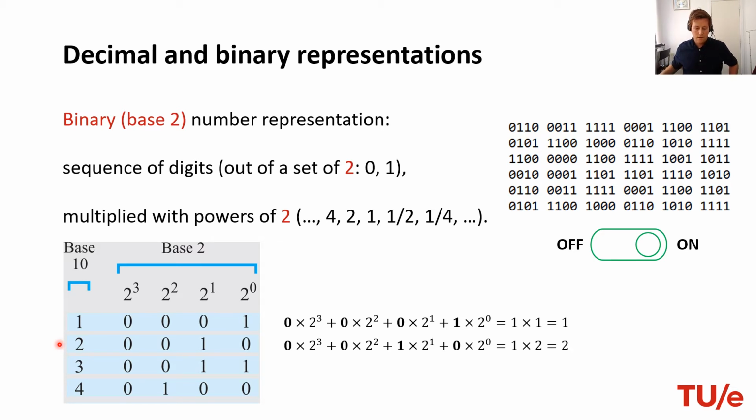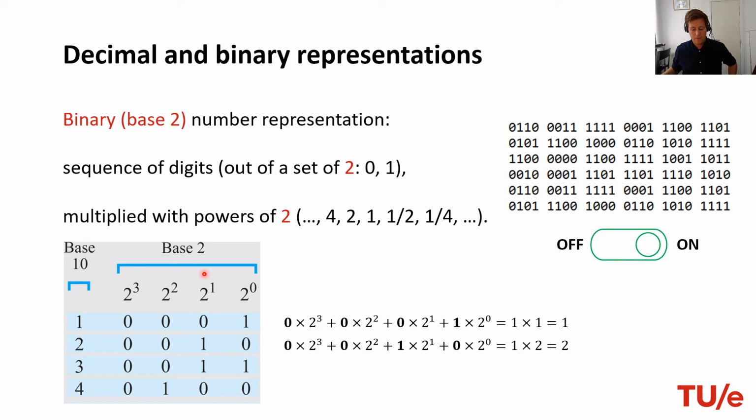Well, similarly, we take a look at which switches, which contributions of these powers of 2 have to be switched on in order to form the base 10 number 2. Now that's very easy because there's only one contribution that we have to add, and that is the contribution of this 2 to the power 1.